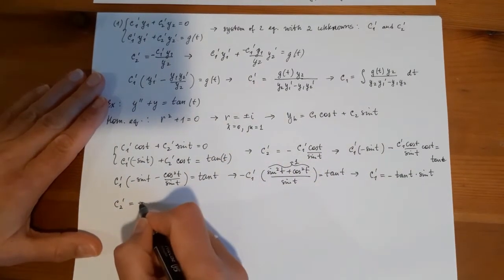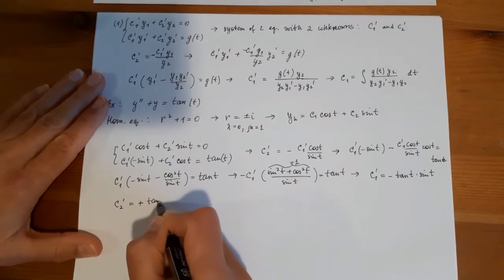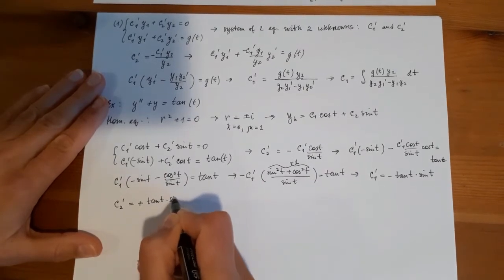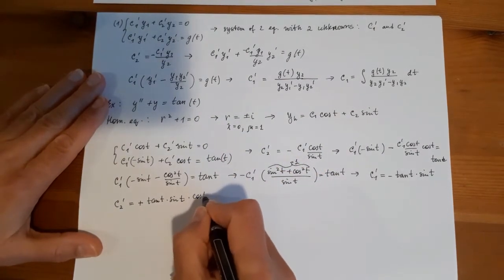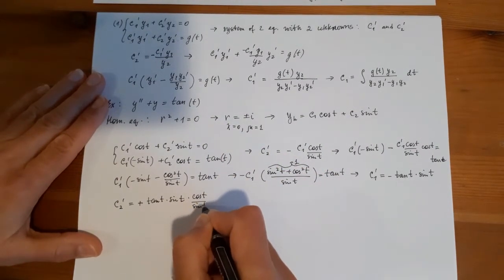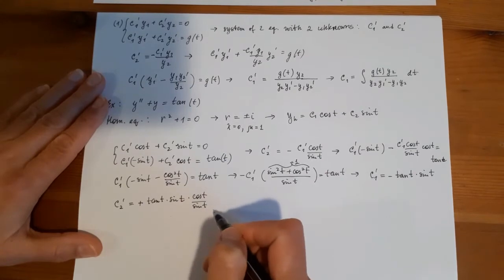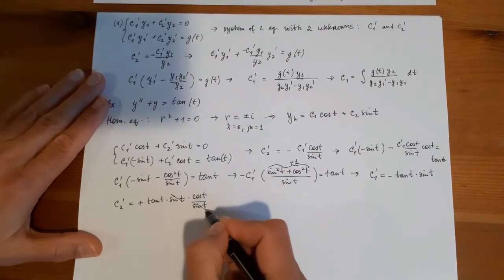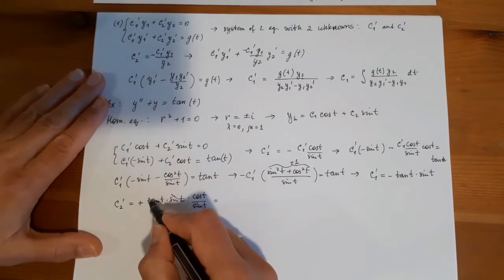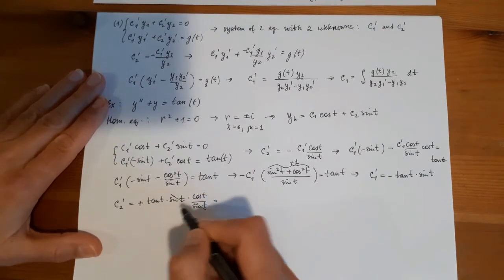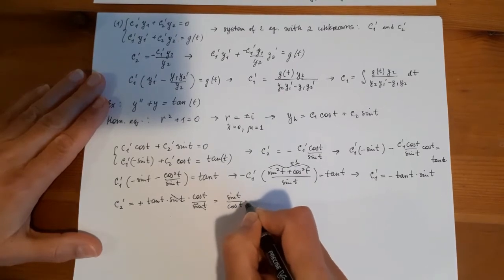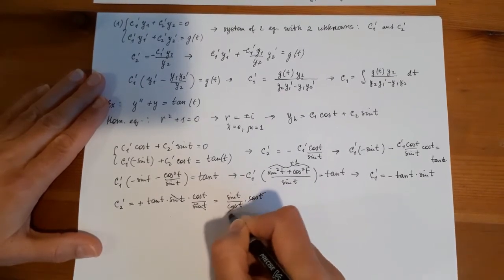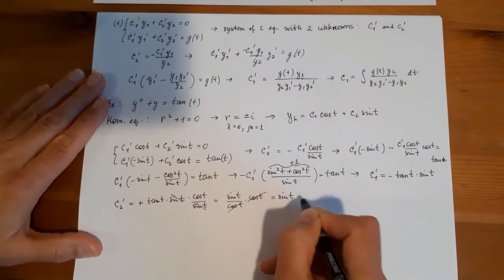It already has a minus, so I'm going to put plus here: tangent of t times sine of t, and then cosine of t over sine of t. Wow, I think I can cancel something, like sine and sine here, right? And tangent is sine over cosine, so I'm going to write sine of t over cosine of t. Cosine of t is going to be cancelled too, so I'm going to get sine of t.